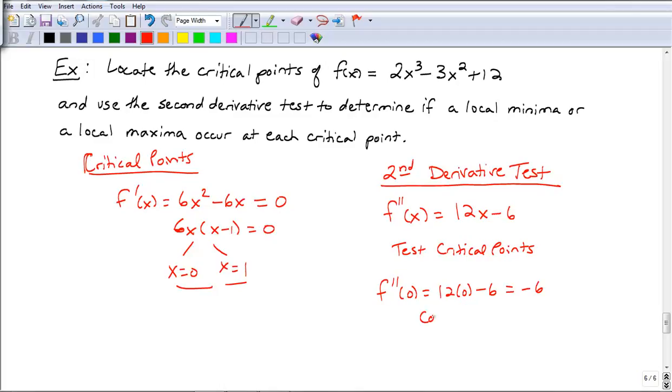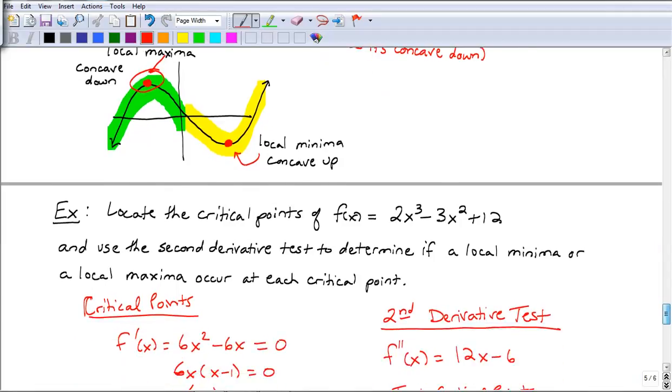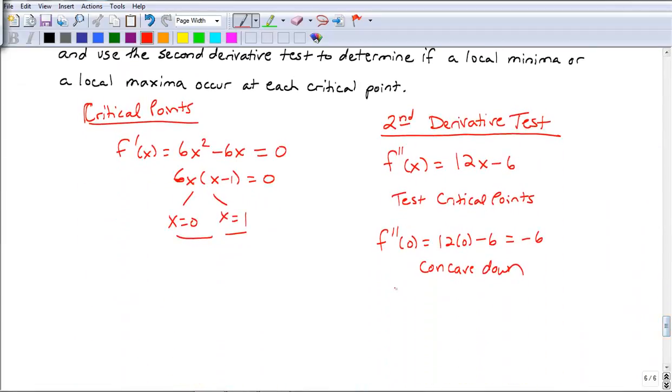That tells me it's concave down. So at that critical point, the graph is concave down. So it has to be a maxima, since it's concave down there. It has to be the top of the hill. So there has to be a local maxima at x equals 0.